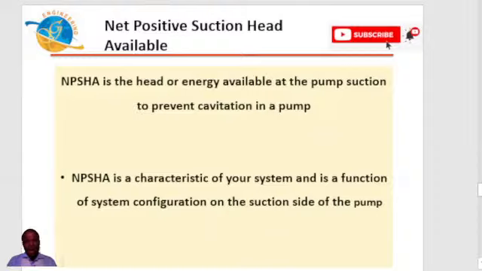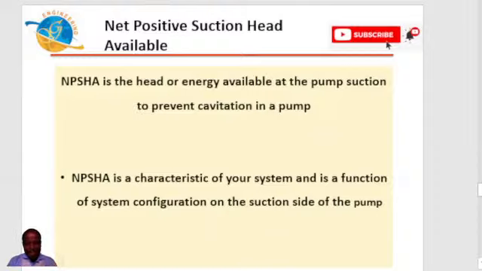Now, to avoid all this, you need to make enough energy available at your pump suction. So NPSHA is that head, that energy, available at the pump suction to prevent cavitation in your pump.